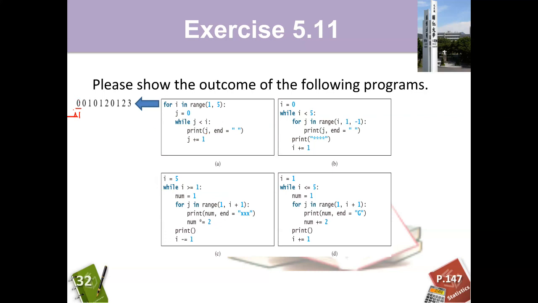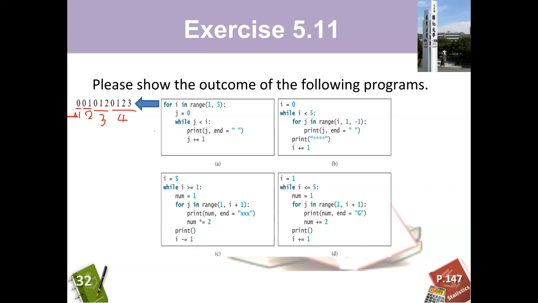So this is for i equal 2, because j can't be larger than i, and this part is for i is 3, and this part is for i is 4. Okay, hope you can understand.